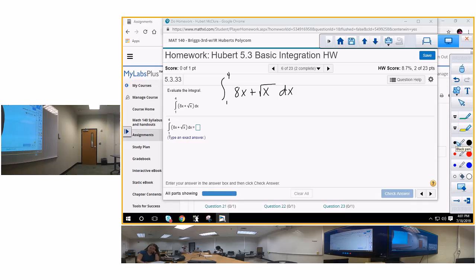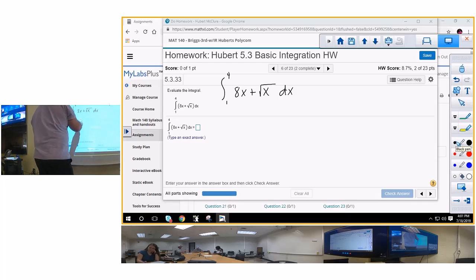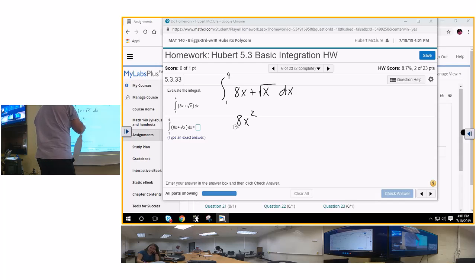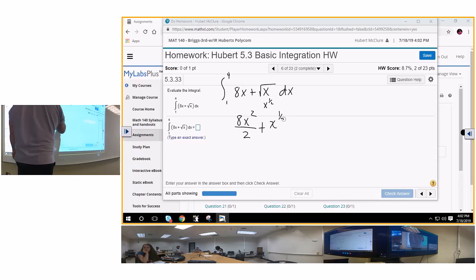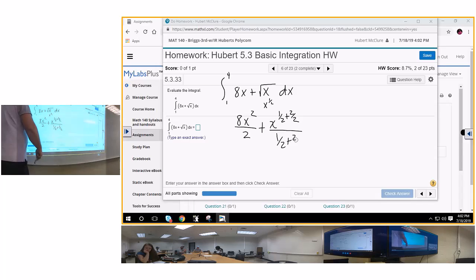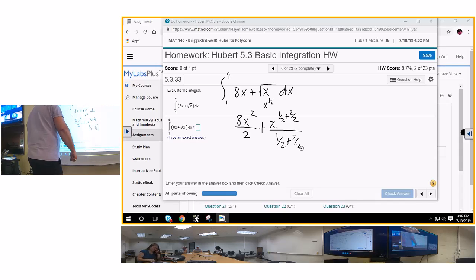Okay, let's see, that'd be 8x squared over 2 plus, this is x to the 1/2 power, so that's going to be x to the what? 1/2 plus 2/2 over 1/2 plus 2/2. I'm just doing the long way right there just to make sure you know what's going on.